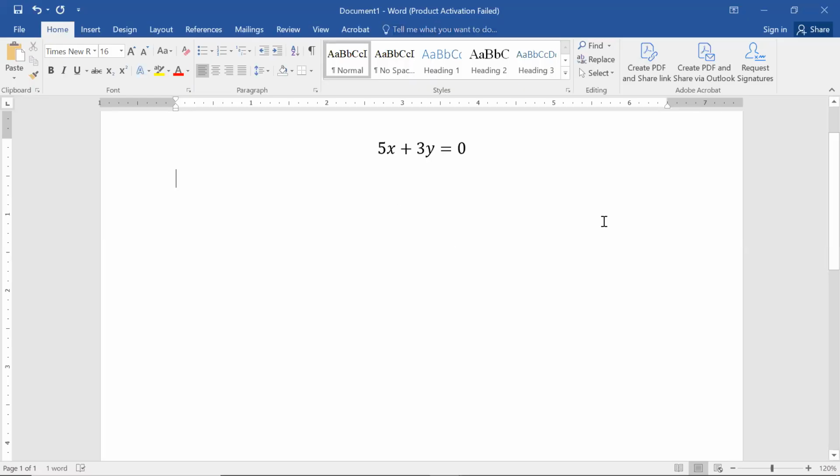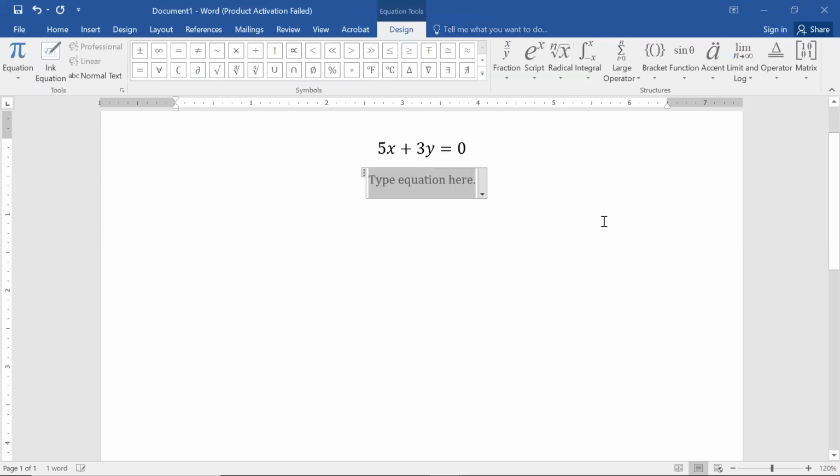To do that, we're going to subtract 5x from both sides. Subtracting 5x from the left-hand side gives me 3y. Subtracting 5x from the right-hand side gives me a negative 5x.